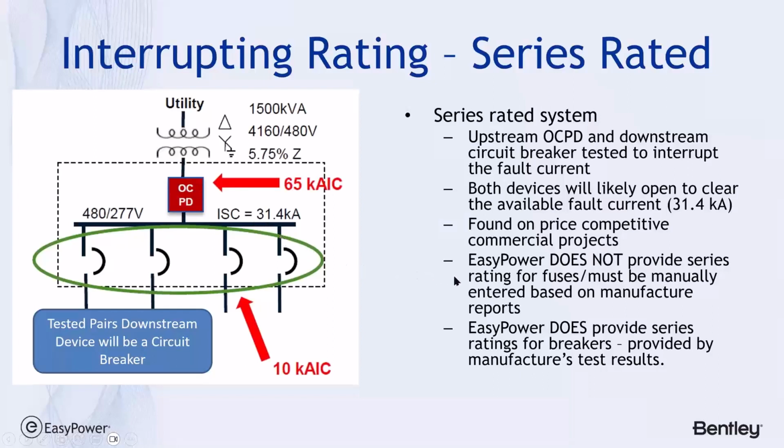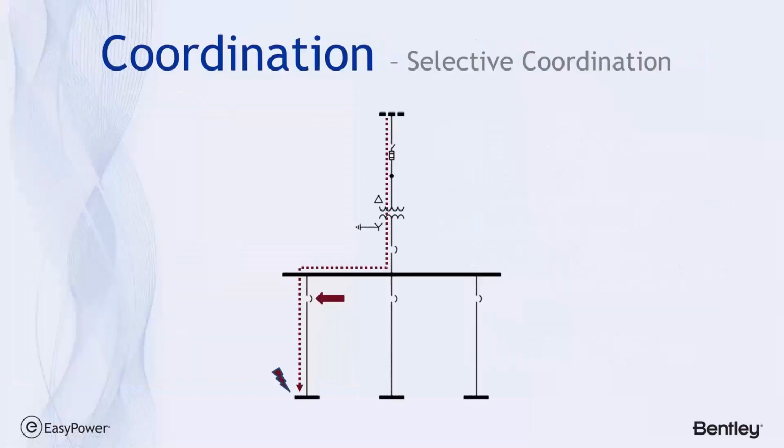Now, EasyPower does not provide series rating for fuses, so these must be manually selected, but we do provide series rating for breakers, provided the manufacturer's test results are supported. And I'll get back to that in a minute.